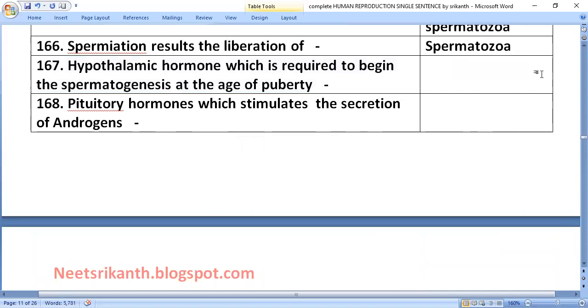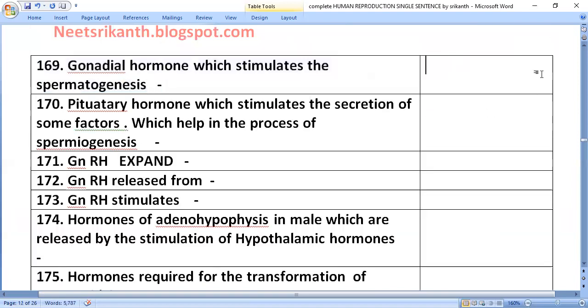Hypothalamic hormone which is required to begin spermatogenesis at the age of puberty: GnRH, gonadotropin releasing hormone. Pituitary hormones which stimulate the secretion of androgens: GTH, which are nothing but FSH and LH, follicle stimulating hormone and luteinizing hormone.